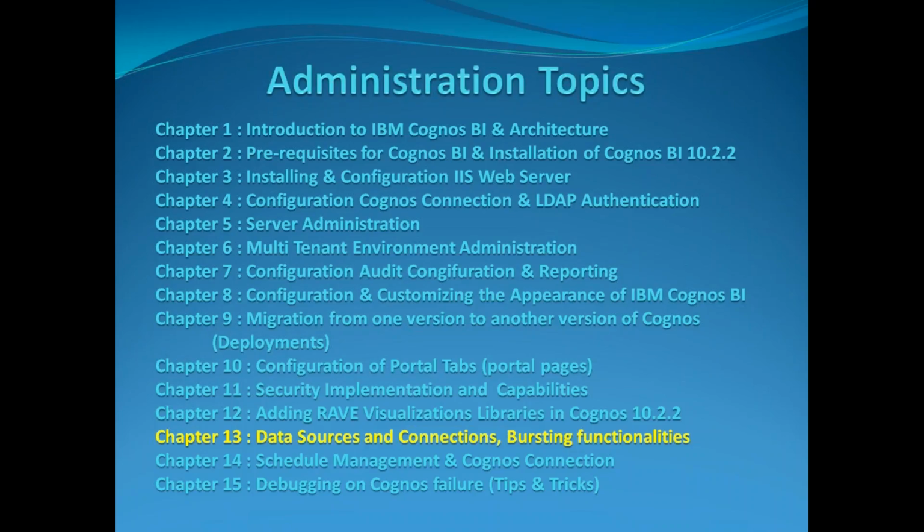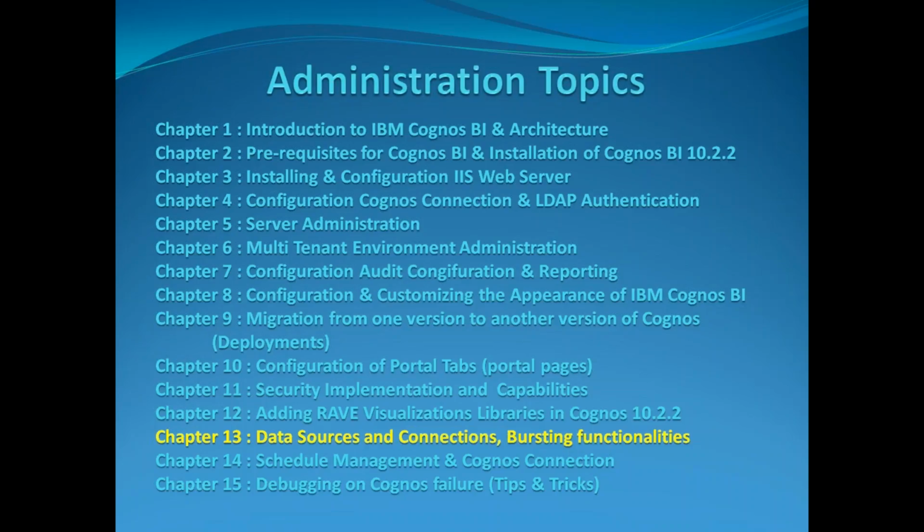At that time you need to create them manually, so how to create data sources and connections. And apart from that, the bursting functionality is how to set up the bursting concept in BI.